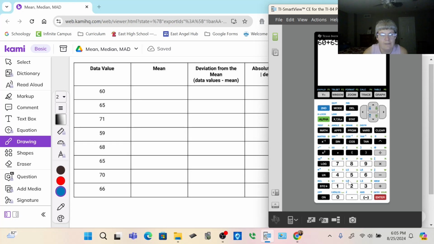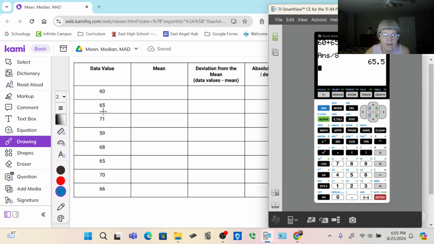We're now going to take that number and divide it by 1, 2, 3, 4, 5, 6, 7, 8. Now in our graphing calculators, if I press divide by, it is going to set that 524 as my previous answer, divided by, I believe I said 8. Yes, I did. So I'm going to get a 65.5 as my mean.